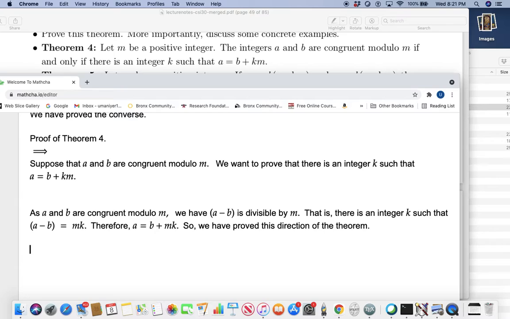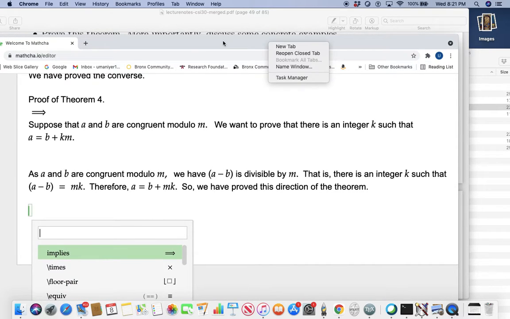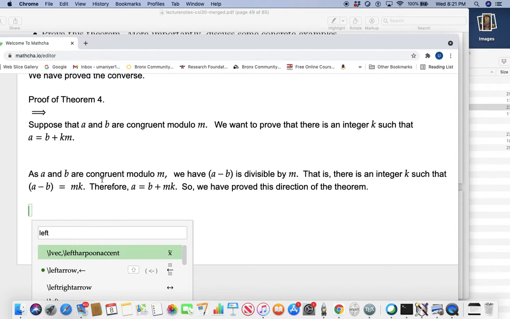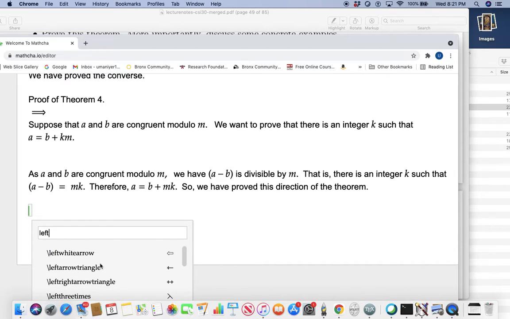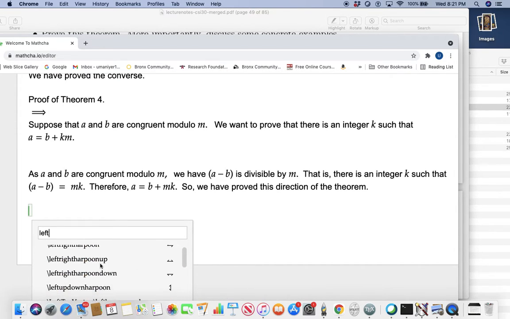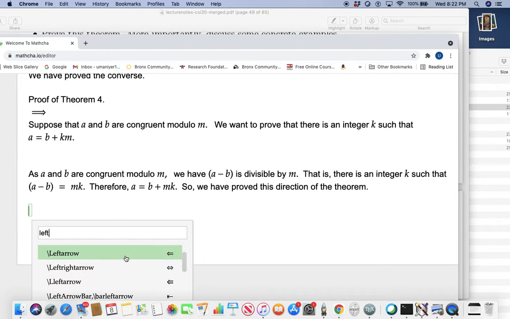Right? Now we want to prove the reverse arrow. Let me look for reverse double implication. There you go, left arrow.